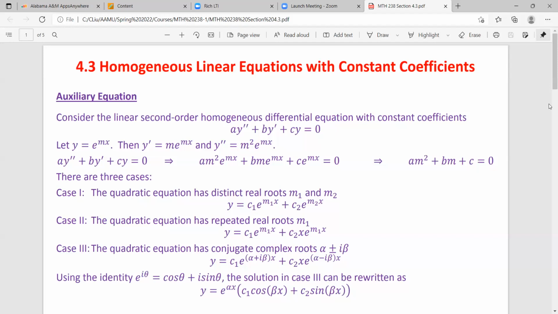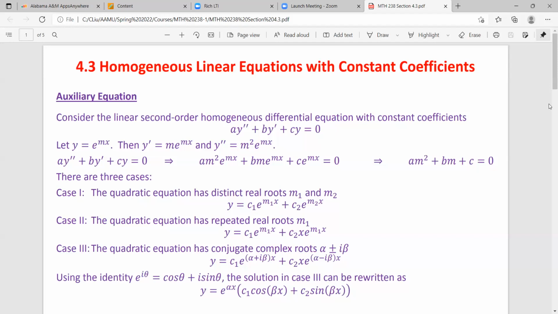And here, C1 and C2 are different from the original solution in exponential form. So maybe I should write C1 prime, C2 prime. But anyway, those are just arbitrary constants.